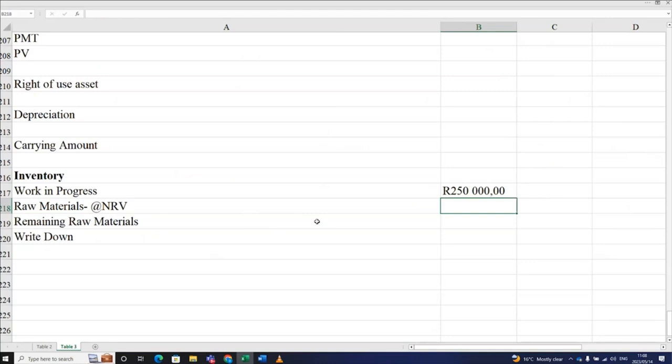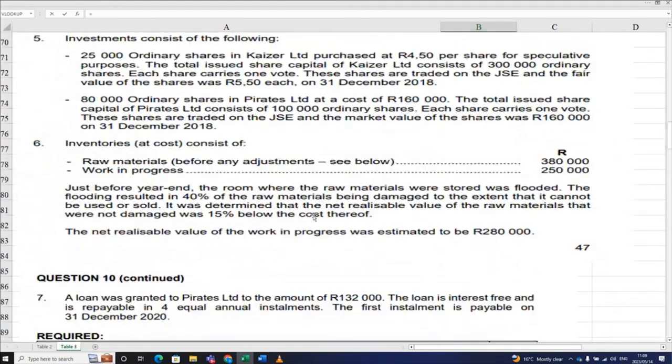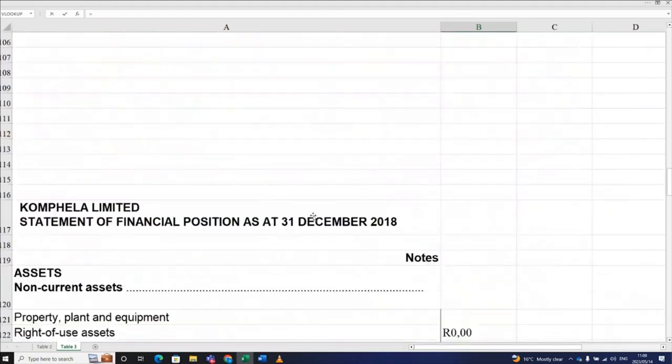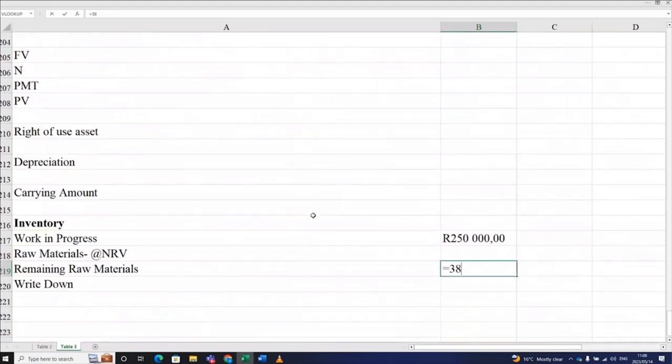Then the raw materials must be at NRV, right? For the remaining raw materials, we saw from the question that 40% of them got damaged beyond sale, so they have zero value. So we need to get that value. The starting value was 380,000. So you say 380,000 multiplied by 60%.